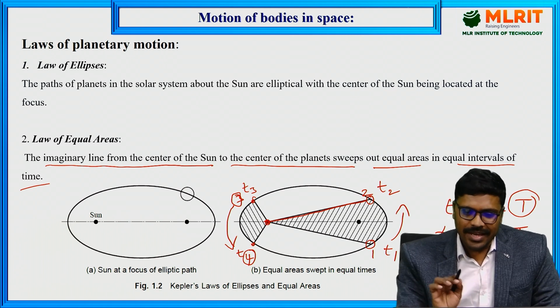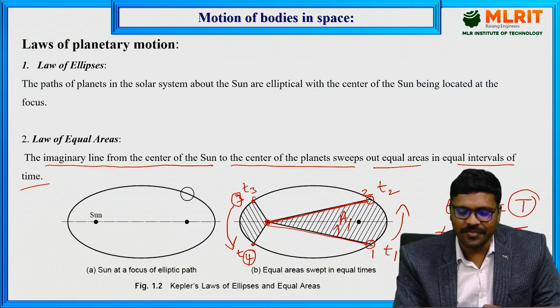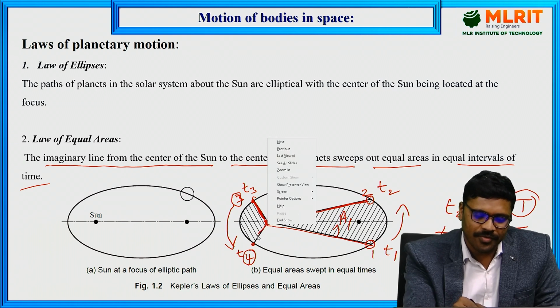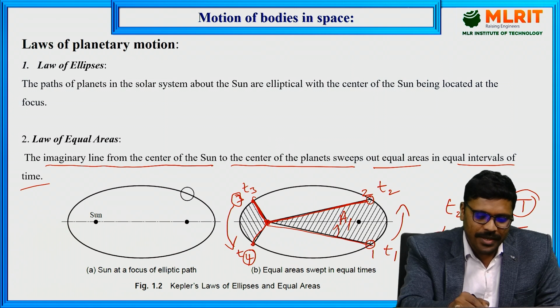Then the area swept by this imaginary line from position 1 to 2 is the area covered in the first case, A1. And the line joining from position 3 to position 4 sweeps the area, consider this as A2.